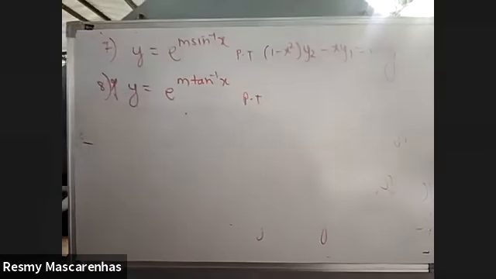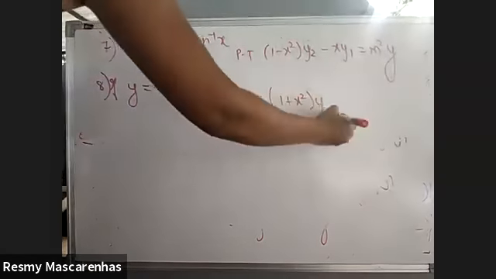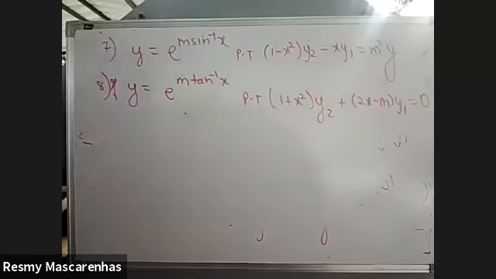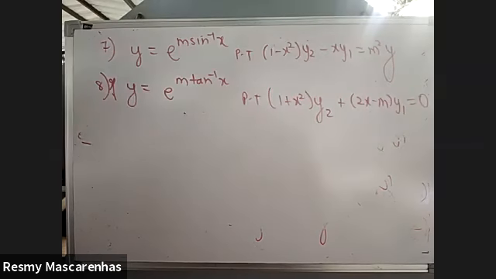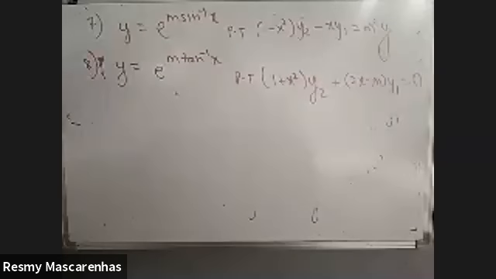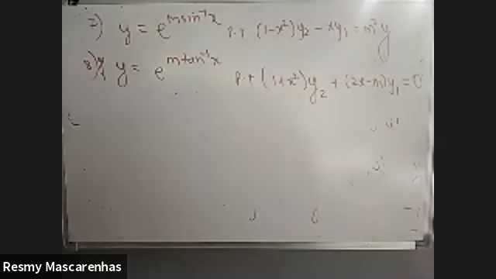Prove that 1 plus x square, and then 2x minus m into y1 is equal to 0.